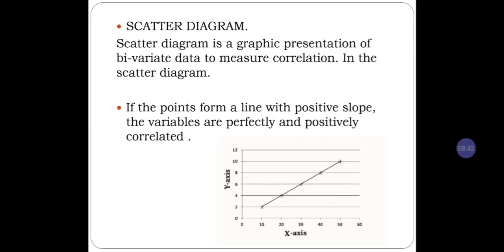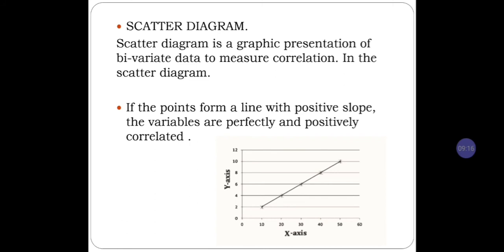So first one, scatter diagram. Scatter diagram is a graphical representation of bivariate data to measure correlation. Now if the points form a line with a positive slope, the variables are perfectly and positively correlated.